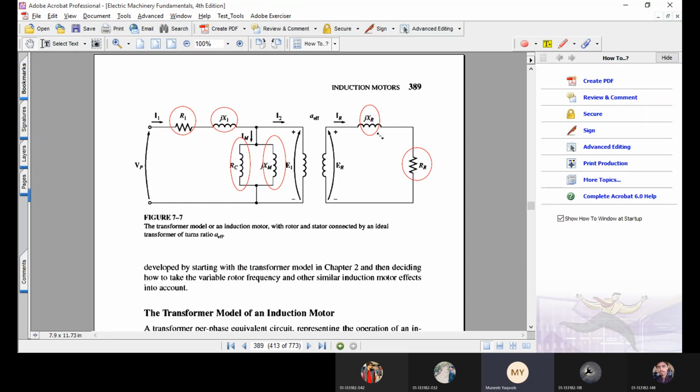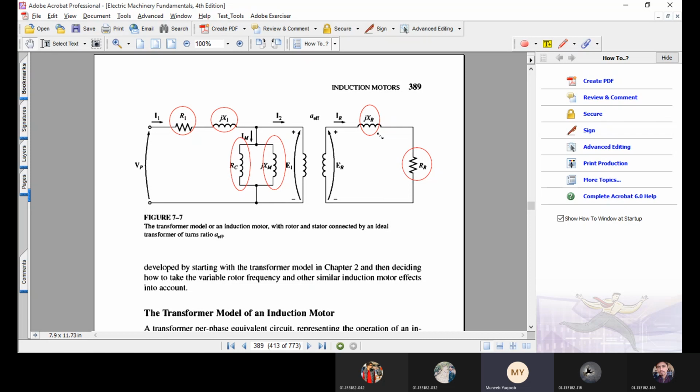So it seems that the equivalent model of a single phase transformer works quite well for an induction motor. But one thing is not being covered here. In a transformer, there is no rotating part, so the frequency at the input is the frequency at the output. But in case of an induction motor, the rotor is rotating.